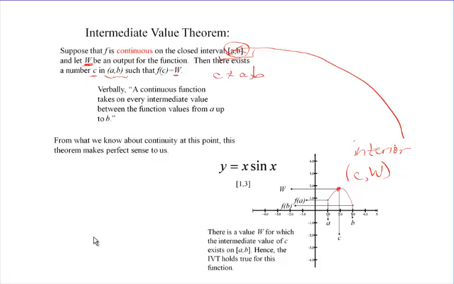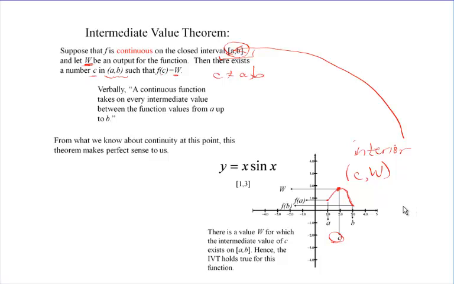Verbally, a continuous function takes on every intermediate value between the function values from A up to B. If a function is continuous from A all the way up to B, then I am guaranteed that I am going to get an output everywhere on that interval up to and including our arbitrary value C. Well, that makes sense.